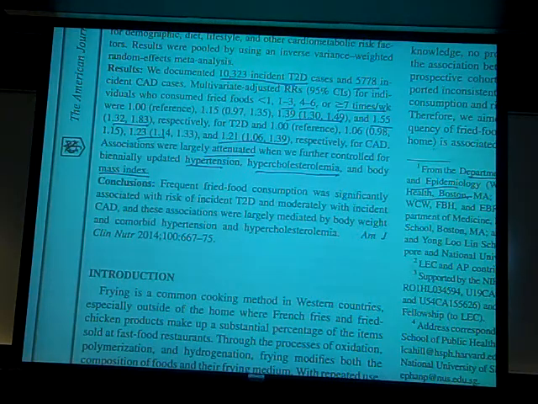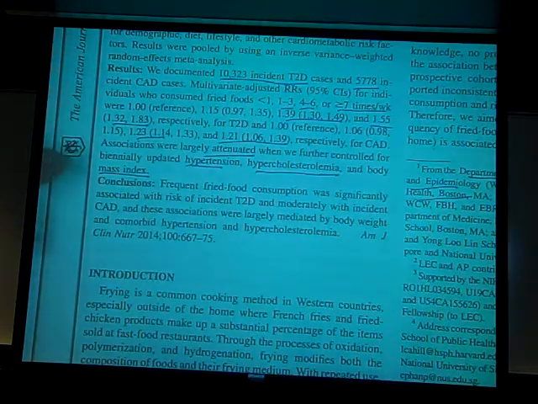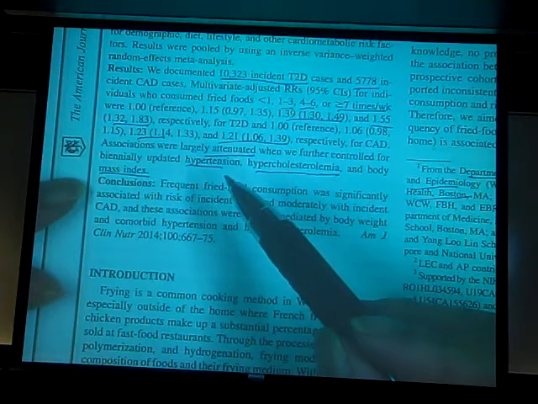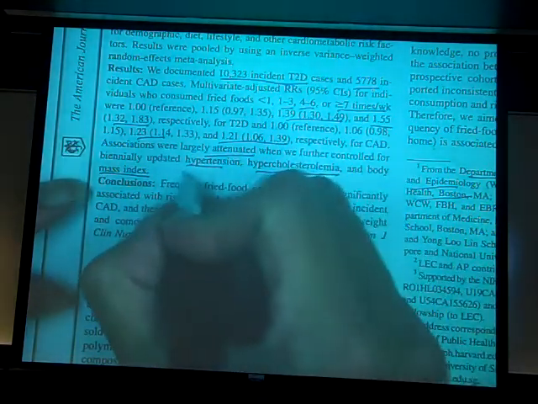Now, even though it's not explicitly stated in the abstract, in this particular section, the way that the authors have written this, I know that the reason they adjusted for these additional factors is because they were interested in mediation.